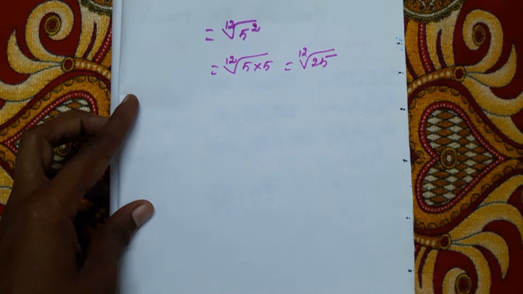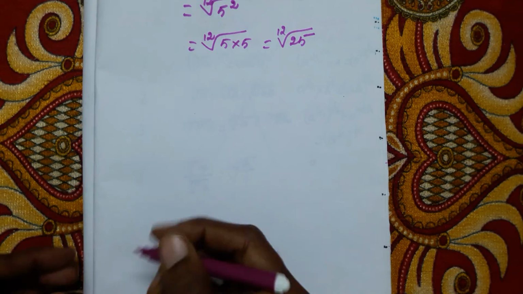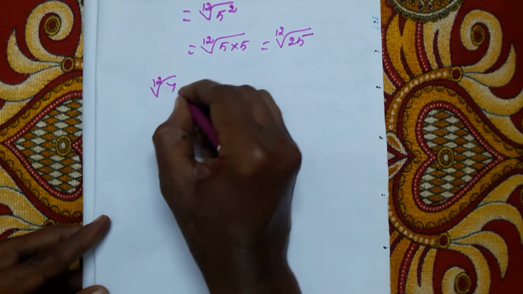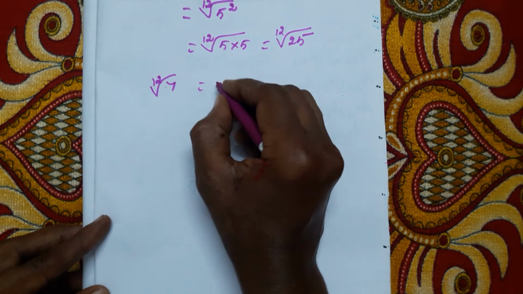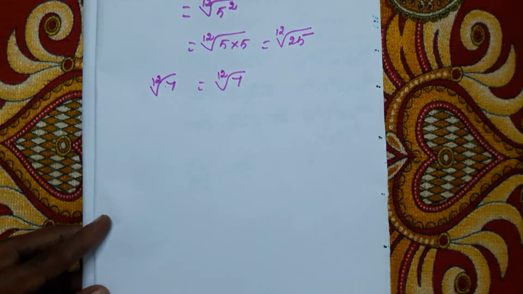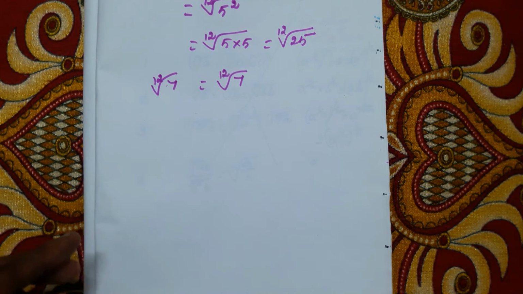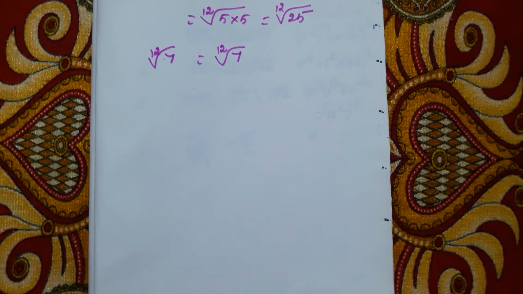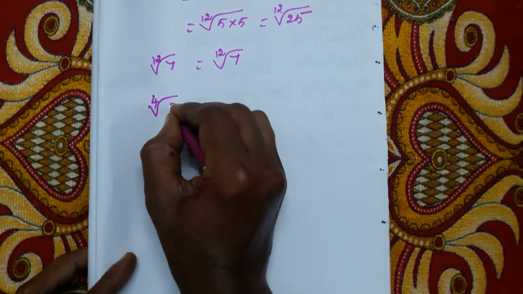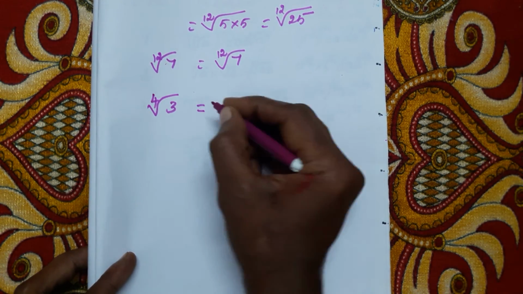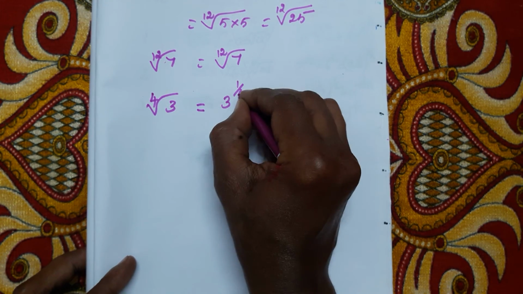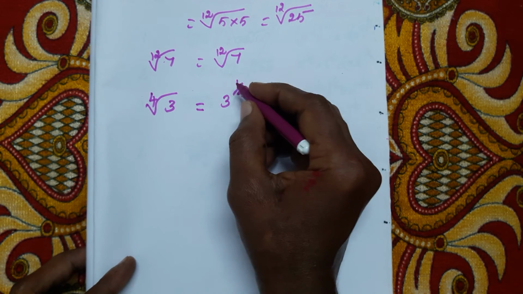Now we have to take the second number, the 12th root of 7. Already here the order is 12, so we can write the same, 12th root of 7. Then the third number, the 4th root of 3. How can we write it? Yeah, 3 power 1 by 4. This is the fractional form.